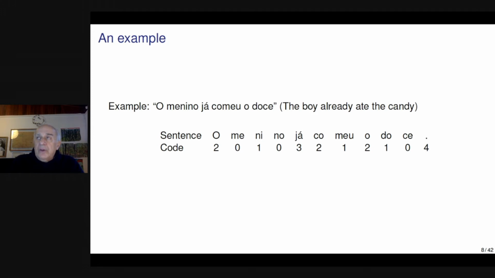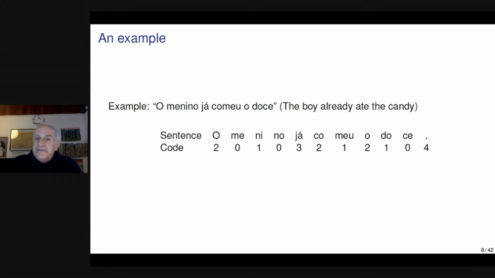"Comeu." "Co" is the first syllable of the prosodic word, but it's not stressed, so we encode it by 2. "Meu" is not the first syllable, but it is a stressed syllable, so we encode it by 1. "O doce" is just a unique prosodic word.